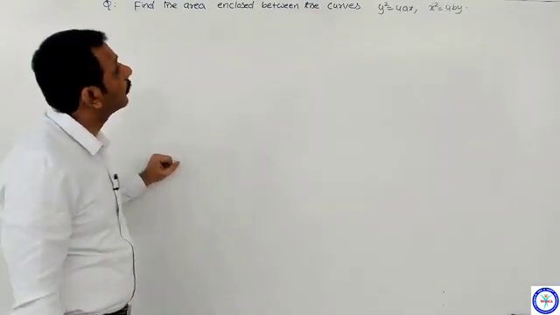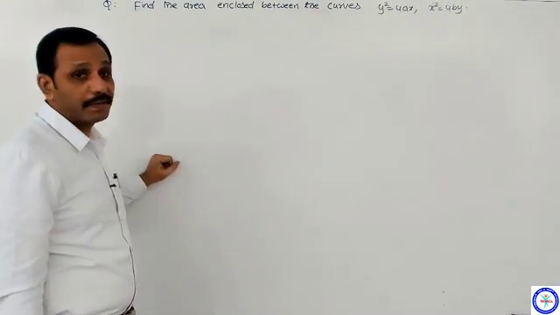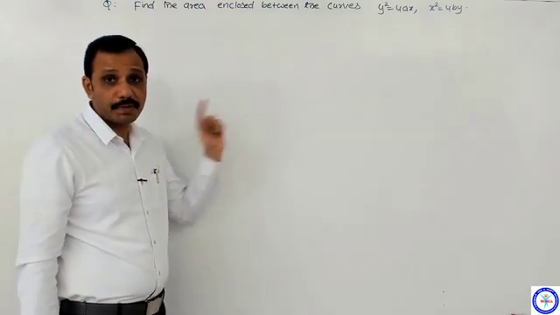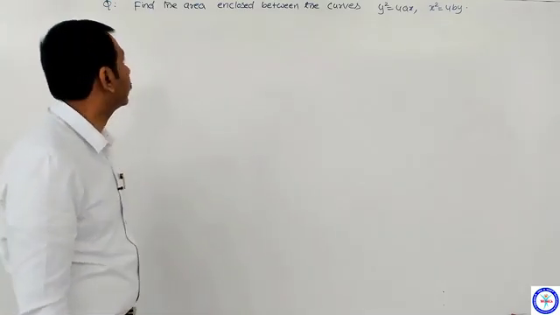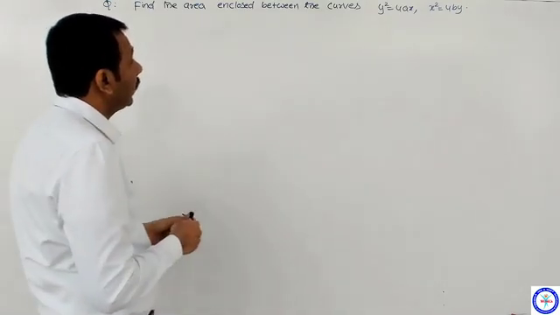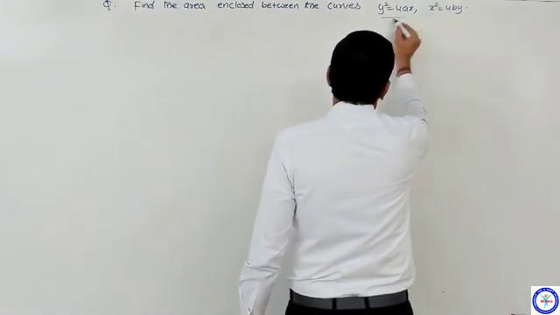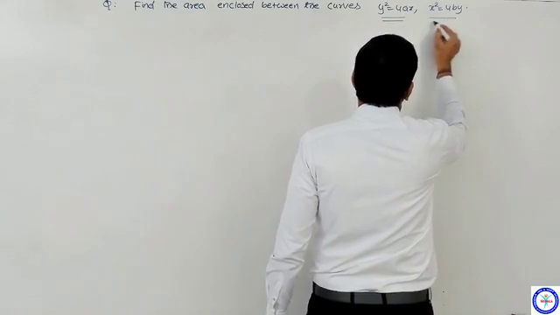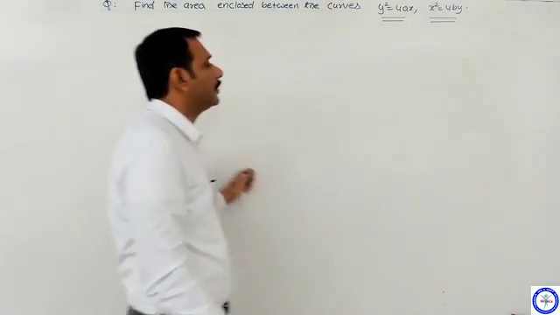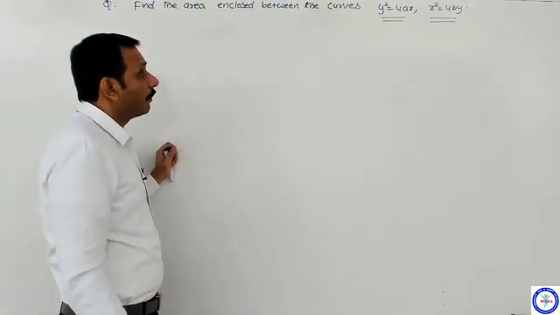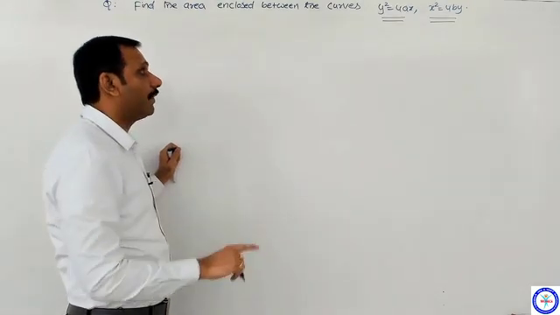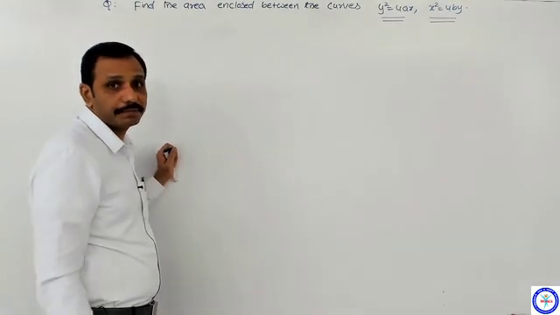Now look here, a different one, this one. Very important model, please concentrate seriously. Find area enclosed between the curves y square equal to 4ax and x square equal to 4by. Both standard parabolas, one open rightwards, one open upwards.